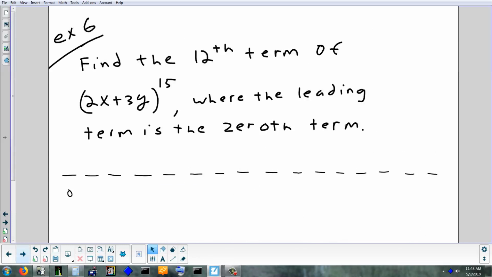This is the first one, which I'm going to call the 0th. 1, 2, 3, 4, 5, 6, 7, 8, 9, 10, 11, 12, 13, 14, 15. So it's really 16 terms. So they want to know the 12th term, starting with the 0th. So 1, 2, 3, 4, 5, 6, 7, 8, 9, 10, 11, 12. Let me just make sure I counted right. 12.